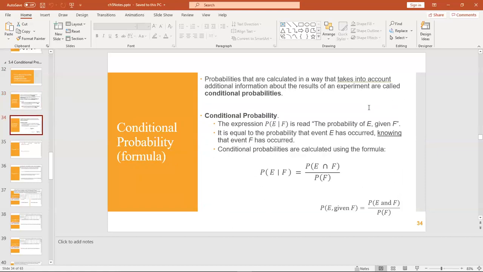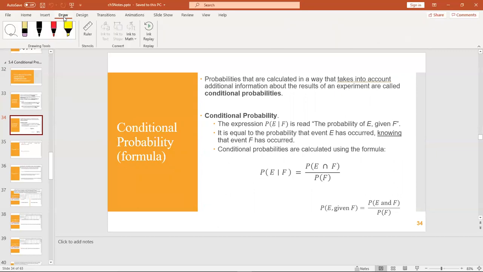So this is known as conditional probability. The way this is read, this is the probability of E given F. Here it is written out in words. The prior condition is in the denominator of a fraction.